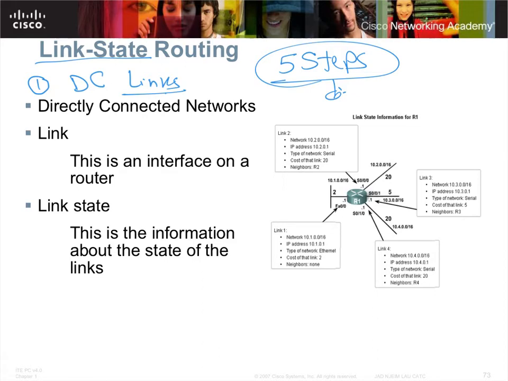What type of link it is, and so this is an example of a link state. Each of these links are directly connected to R1, and as we have discussed before, R1 will get by default the details about all these links because they are directly connected. So all the link states of the directly connected links are known by R1. So R1 will have to first get the link states of the directly connected links. Number 1.